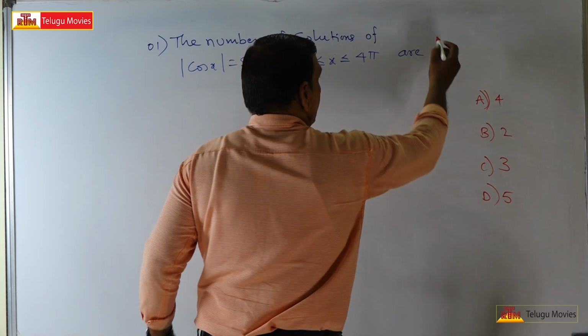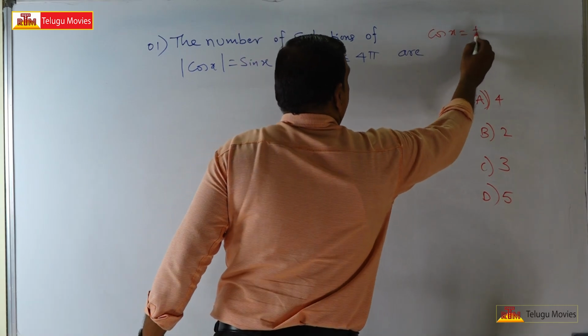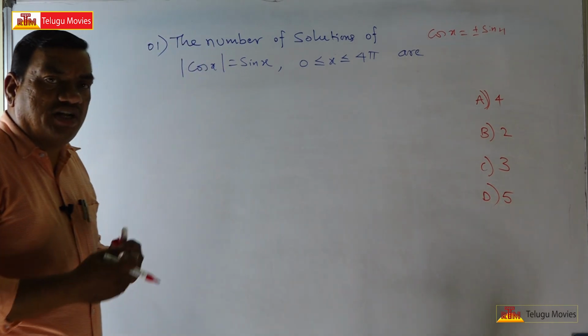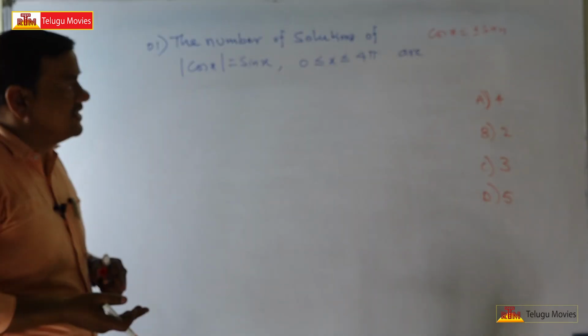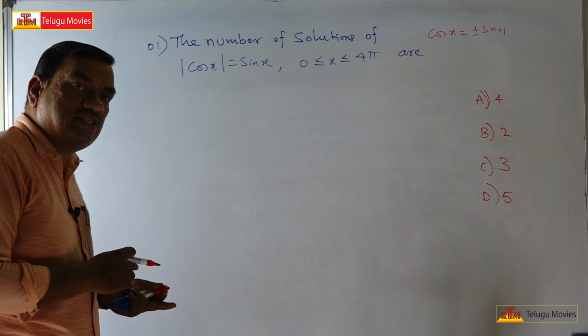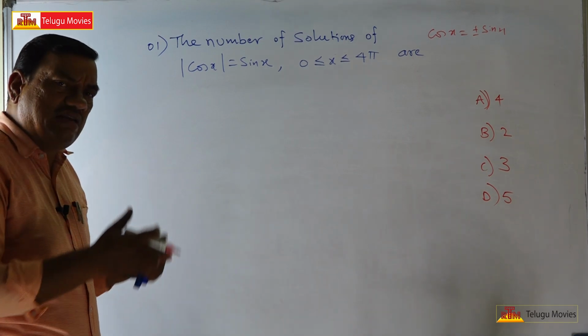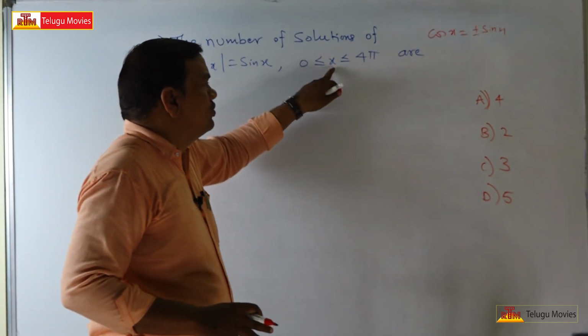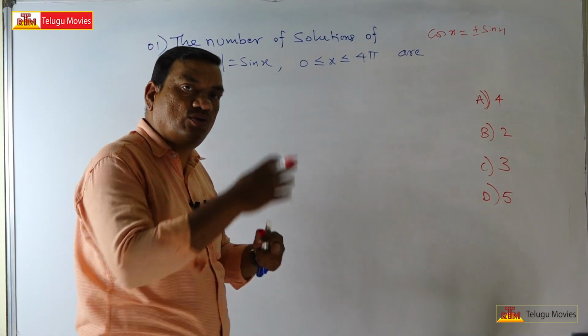They take case 1, plus sin x, and case 2, minus sin x. They will solve the problems, and the solutions which belong to 0 to 4 pi are the solutions.